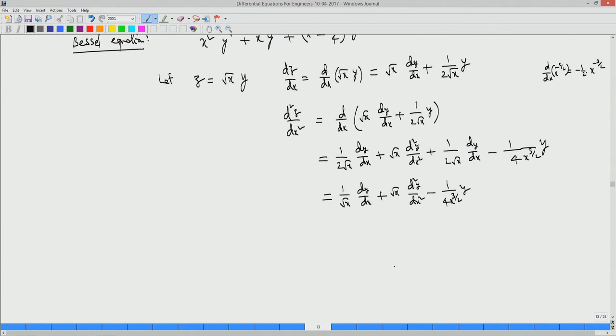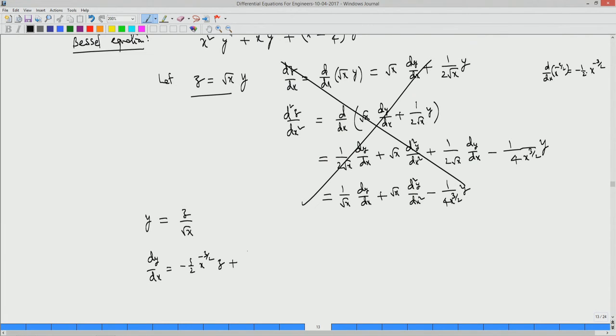Or rather, instead of these calculations, if you choose this transformation, I can get y as z by root x, so that you can calculate dy by dx directly. So, you have z minus half x power minus 3 by 2 z plus 1 by root x dz by dx.